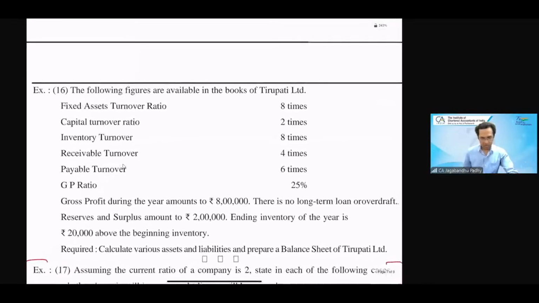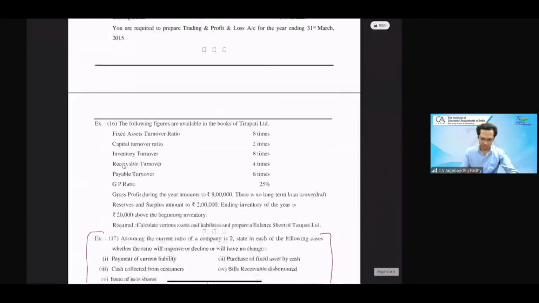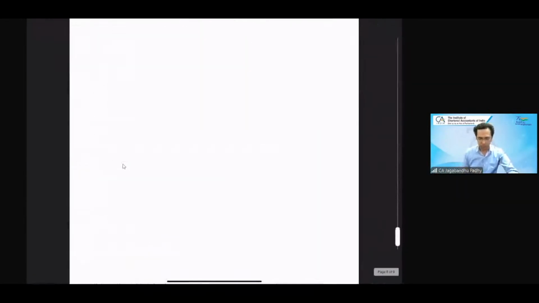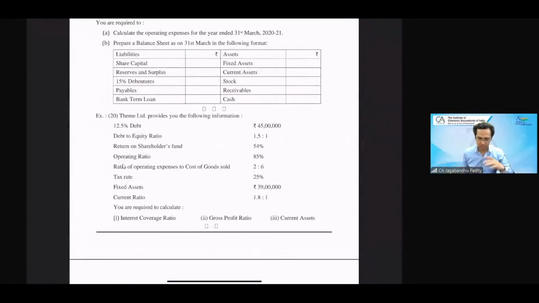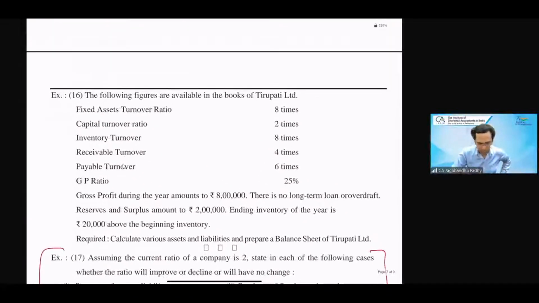Question number 16. I'll solve the September 24 question, sorry, not September 24, because the exam just happened and this was prepared way back. We'll solve question 20, which was the May 24 exam question, but before that, let's do some more questions.